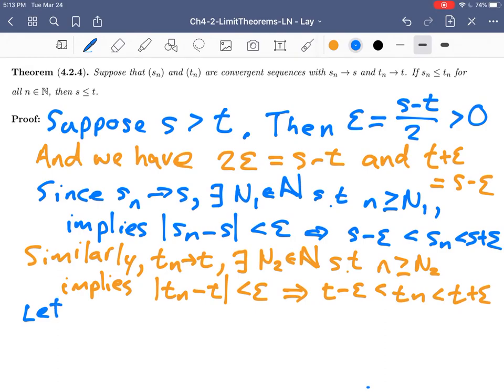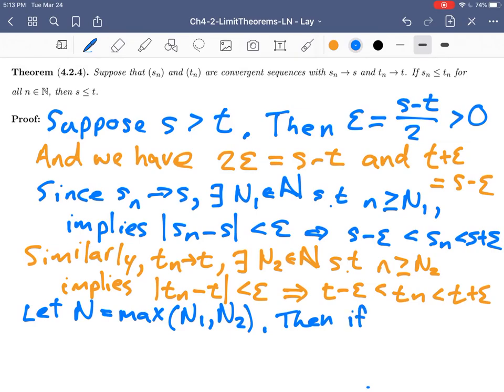So let's let n be the maximum of those two choices, n1 and n2. Then for any value that is larger than that, we get T sub n is less than T plus epsilon.